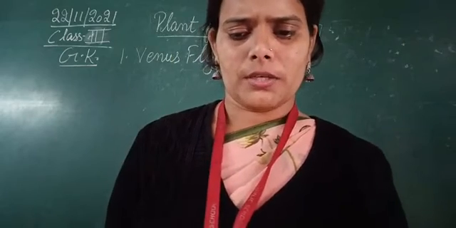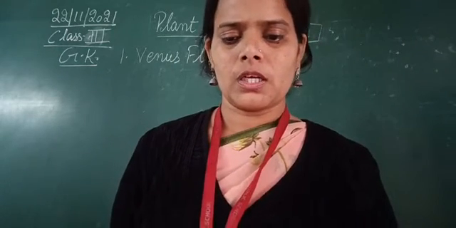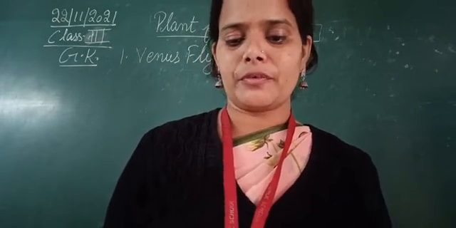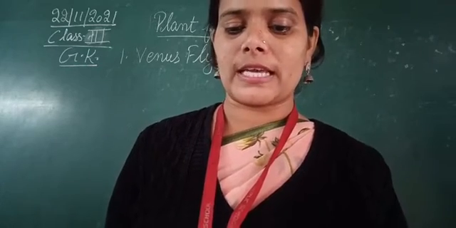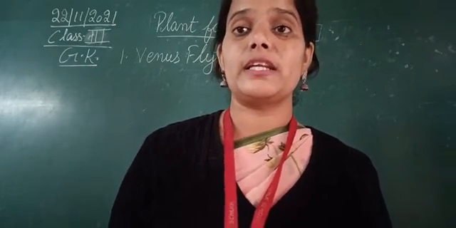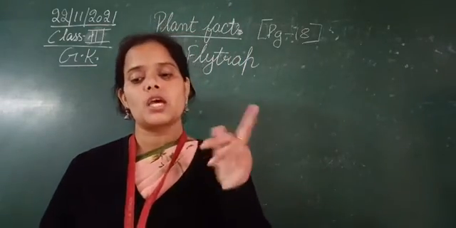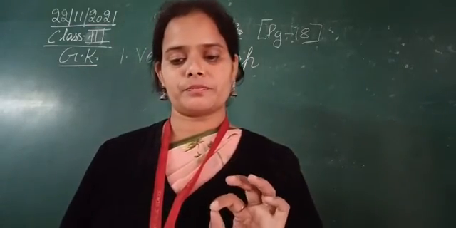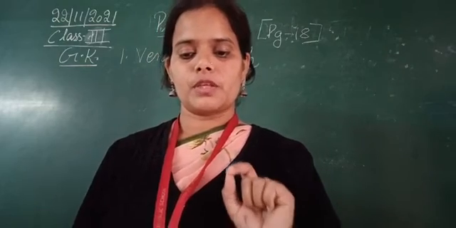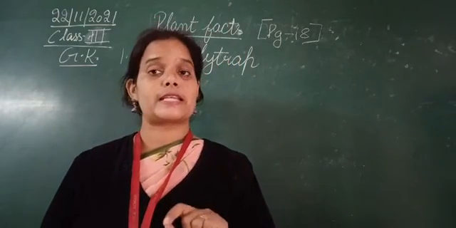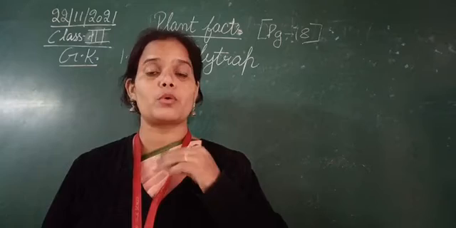A leaf rarely captures more than 3 insects in its lifetime. And a leaf, जो एक लीफ है वो अपनी लाइफ टाइम में rarely captures more than 3 insects in its life. अपनी पूरी लाइफ टाइम में only 3.